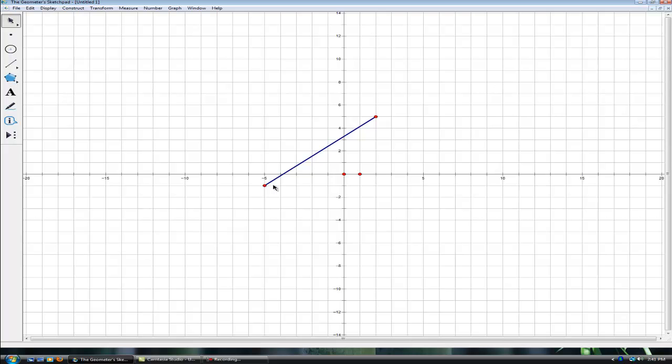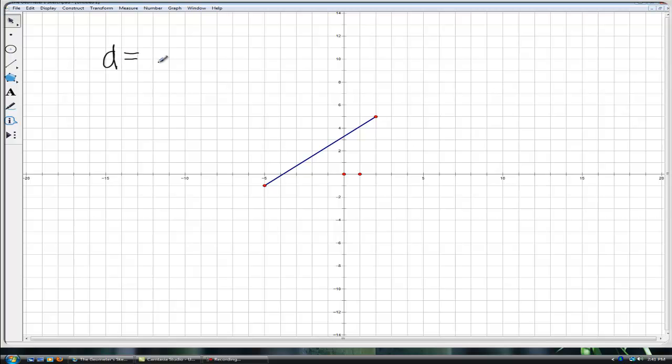Now, certainly this is a formula you should know, and this is commonly how it's written. Lowercase d, distance, is the square root of x2 minus x1 squared plus y2 minus y1 squared.